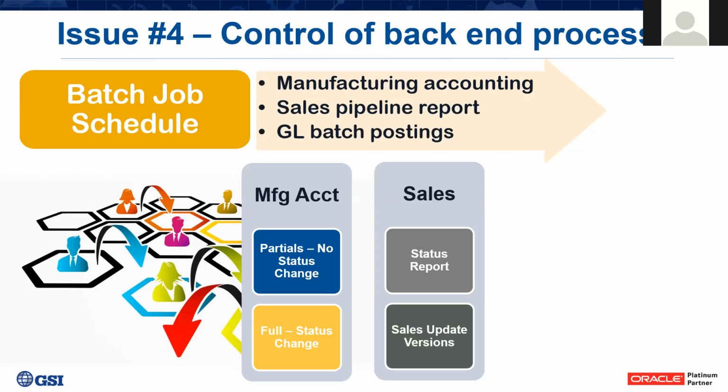Because as soon as I ship confirm something, my inventory gets decremented. Well, if it takes 3 days to run through the rest of the steps before it actually hits sales update, that's a reconciling item because my GL has not recorded the fact that I ship confirmed that inventory 3 days ago, right? So in between there, I can't count my inventory correctly, or I can't value it correctly.